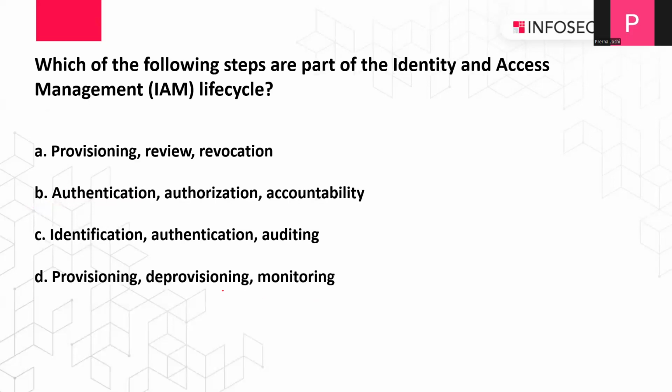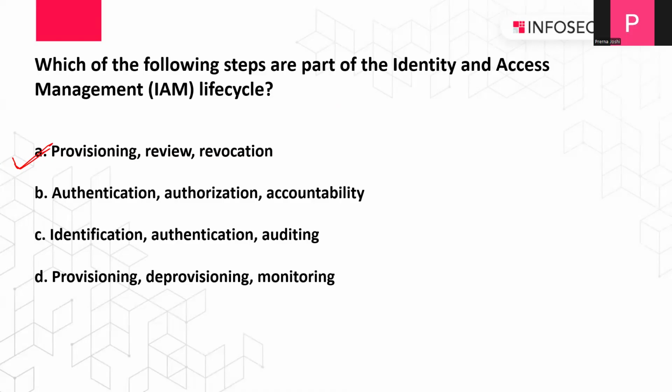Now let's move to the next question, which says, which of the following steps are part of the identity and access management IAM lifecycle? We have provisioning, review, revocation; authentication, authorization, accountability; identification, authentication, auditing; provisioning, deprovisioning, monitoring. Option C, provisioning, review, and revocation, is the correct answer.